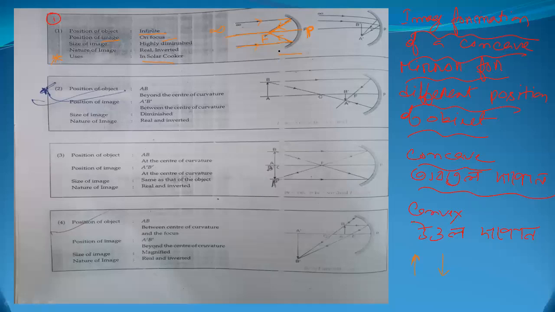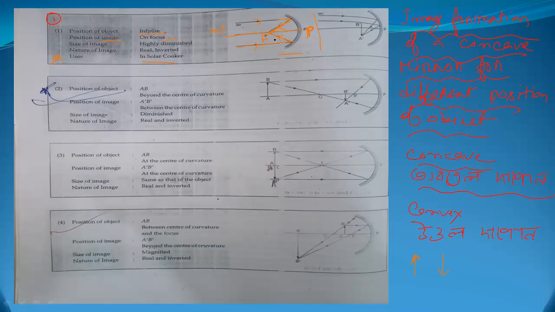So all of you have drawn this diagram. Now see this one. If in this figure the rays are not parallel to the principal axis, while here the rays are parallel to the principal axis.